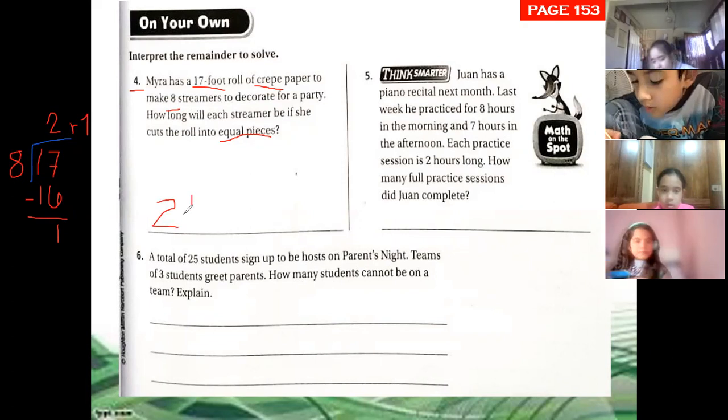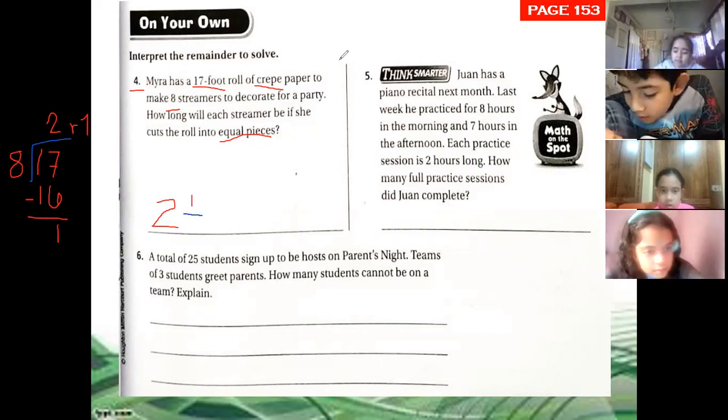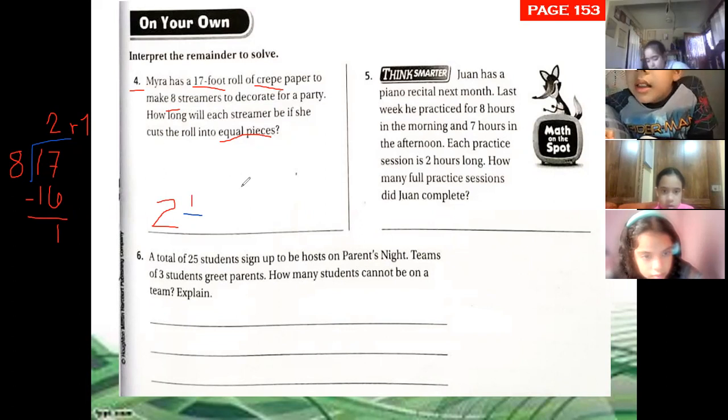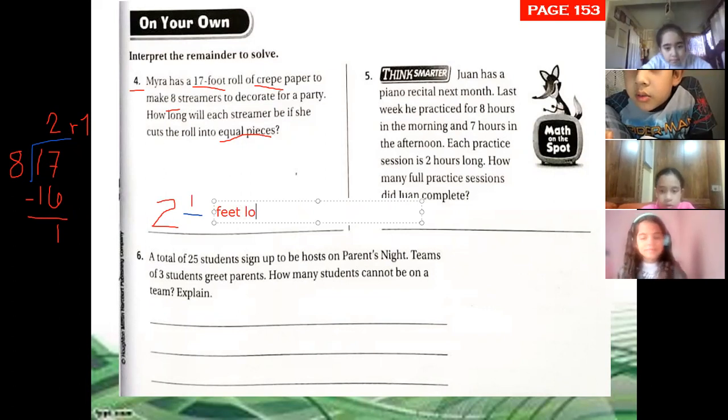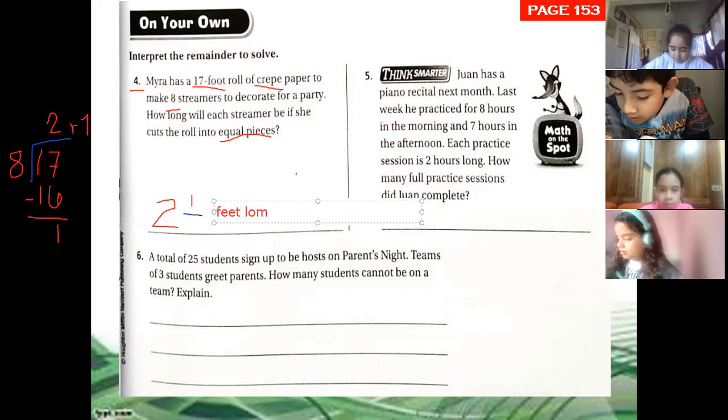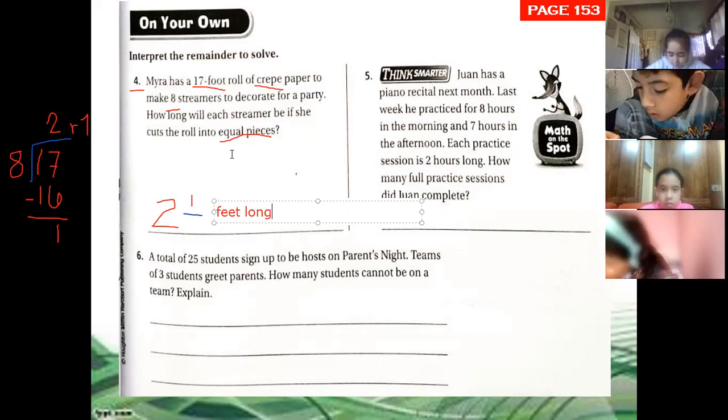And the denominator, what is the denominator? Circle.